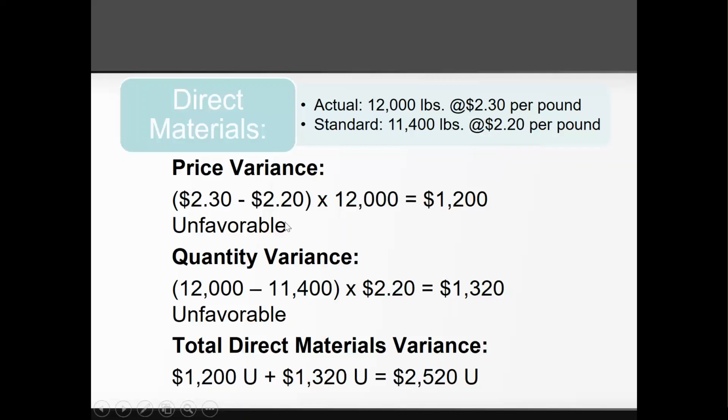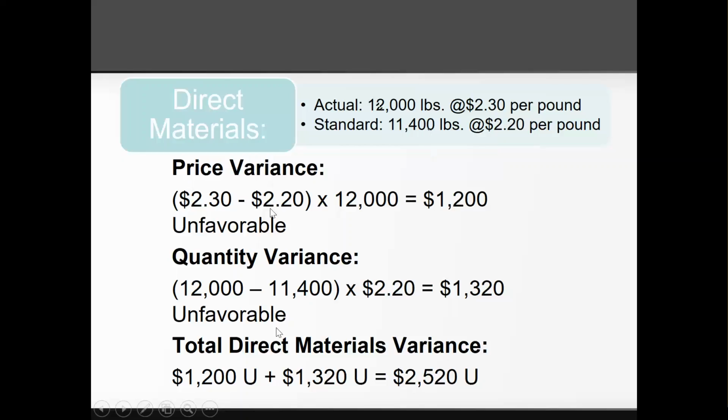You multiply the difference between those two times the standard cost per pound of $2.20, and you get a variance of $1,320. Again, because your actual quantity was higher than your standard quantity, that variance is unfavorable. Since we have two unfavorable variances, we can add the two together to get the total direct materials variance, which is $2,520 unfavorable.